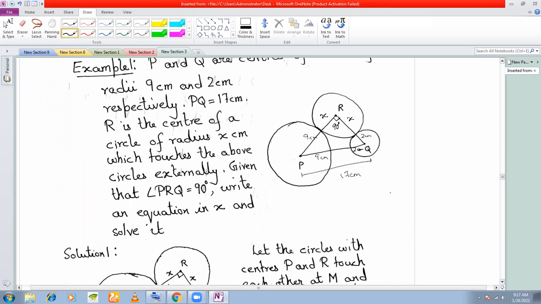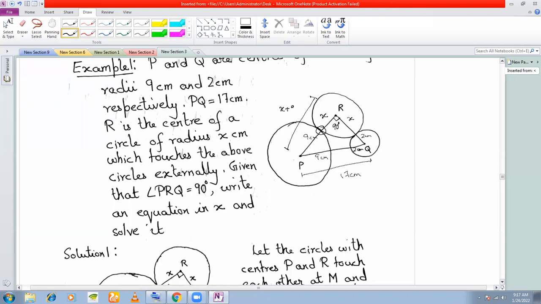So how do you proceed with this? Now, because the circles with center P and R touch each other, if you draw a line joining P and R, this PR line must pass through the point of contact, right? And therefore, the distance between the centers must be equal to the sum of the radii. That means what is this distance?